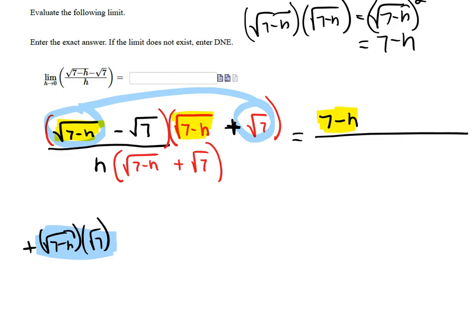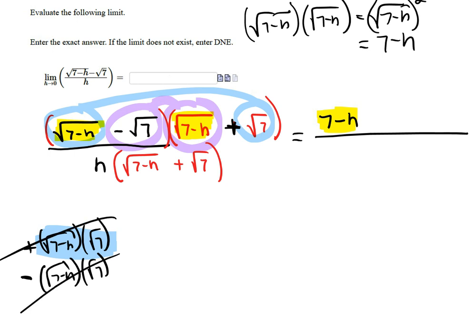And then you have to go and do your insides. This one would be a negative square root of 7 minus h times the square root of 7. I don't even actually multiply them together. If I have a positive of that mess and a negative of that mess, those two messes cancel out. And so you don't have the middle term at all.